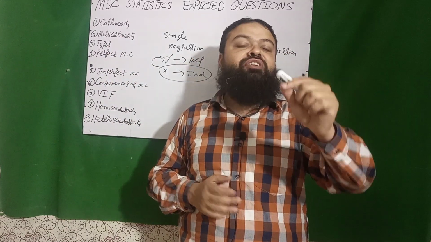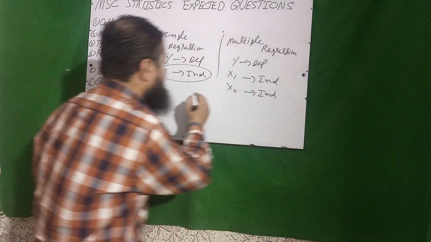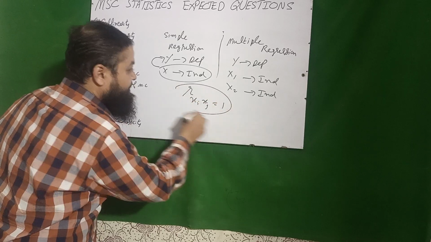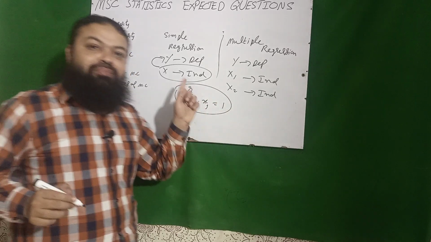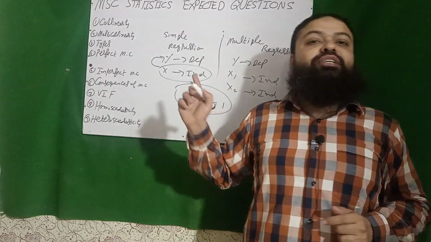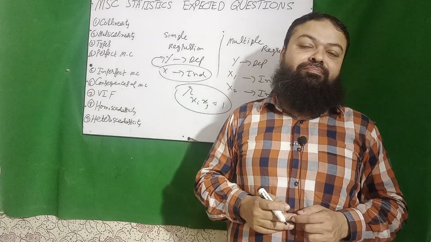When the correlation coefficient is 1, then we say there is perfect multicollinearity. Rxi xj is equal to 1. It implies that there is perfect multicollinearity.